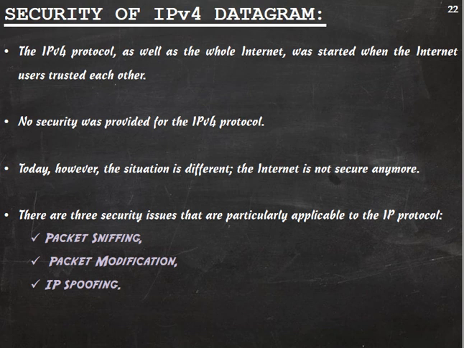The third one is IP spoofing. In this method, an attacker can masquerade as somebody else and create an IP packet that carries the source address of another computer. For example, an attacker can send an IP packet to a bank pretending that it is coming from one of the customers.